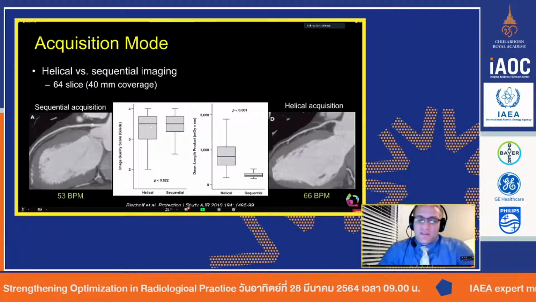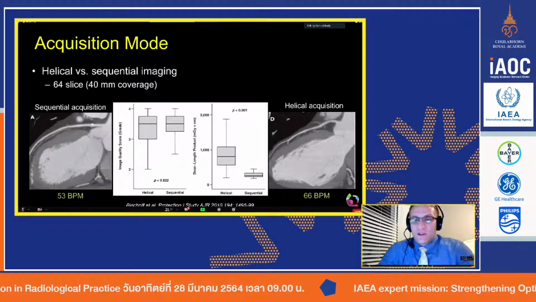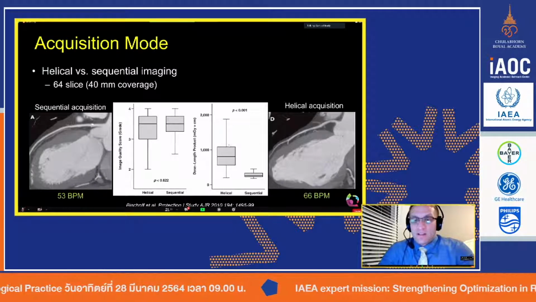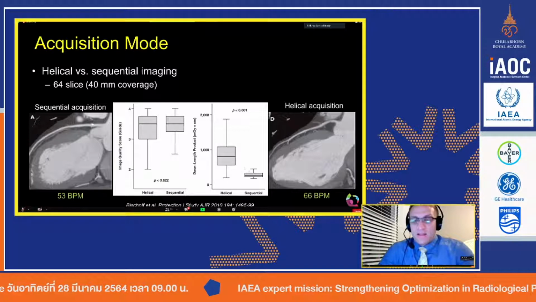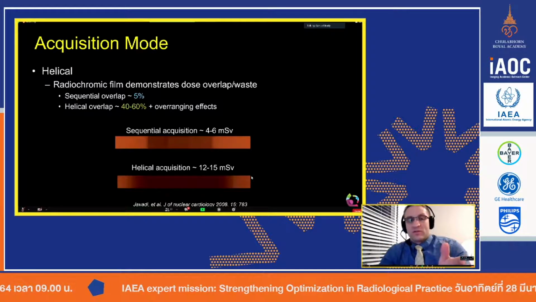The doctors could still do what they needed to. The physicians had the data they needed for the diagnosis. But the dose in the olden days when you did sequential was lower because it was step and shoot.